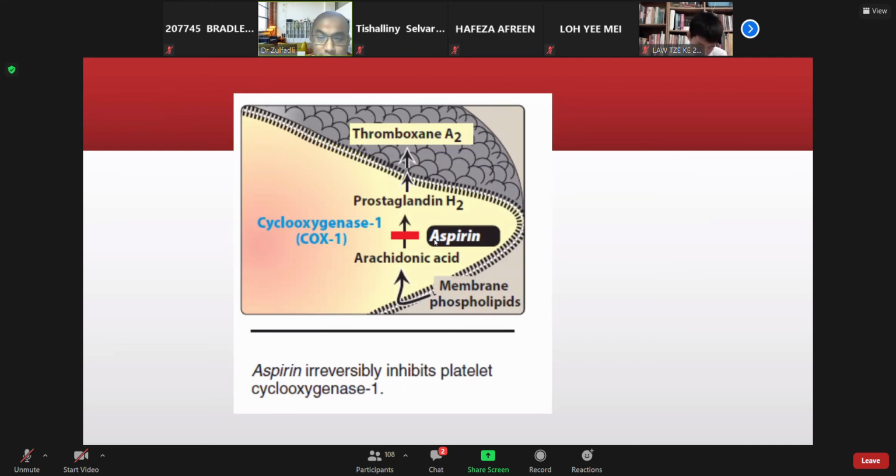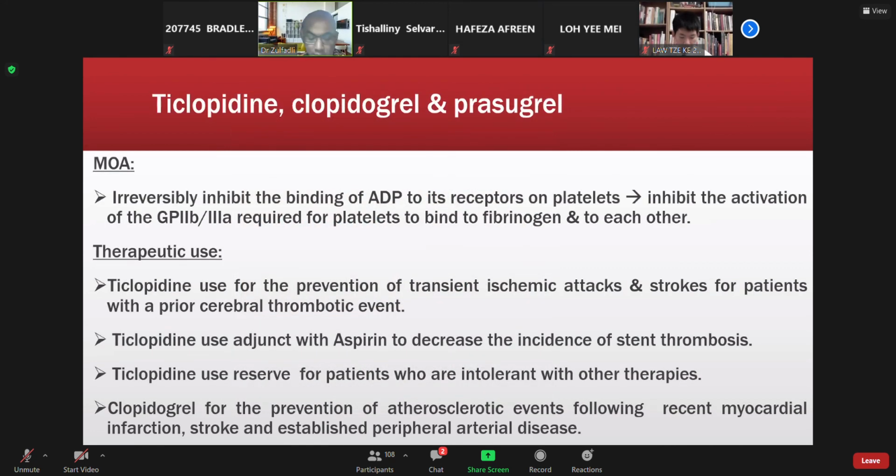So aspirin will block this cyclooxygenase 1 enzyme. So no production of prostaglandin H2, no production of thromboxane A2. So no production of thromboxane A2, no activation of the platelets to link together at the receptors 2A, 2B and 3A for platelet aggregation. So that's how the aspirin works.